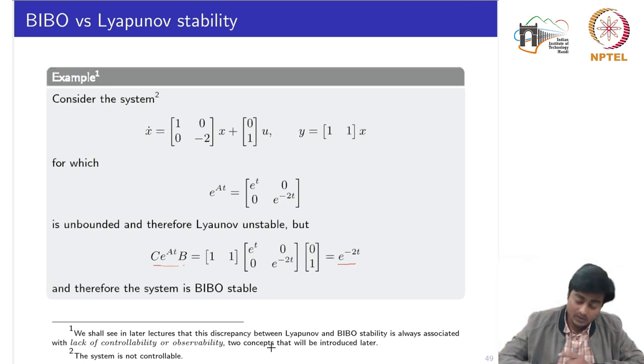These two concepts we will see in later lectures. By the way, by the controllability tests we are going to introduce next week, you would notice that this system is not controllable.